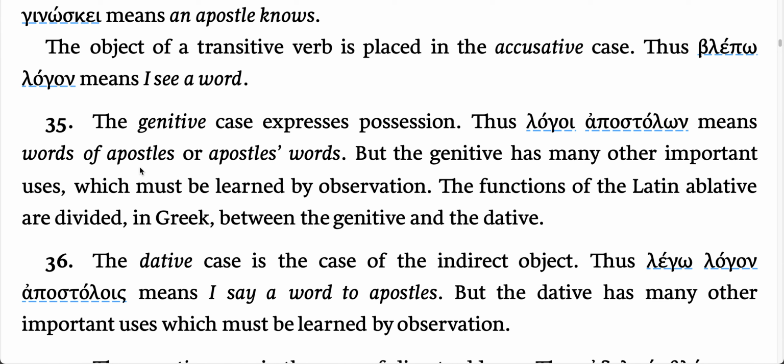And it's translated Son of God. That's how it does it in Greek. Now, the genitive can have many other important uses. And we'll learn those as we go. One of the uses of the genitive is possession. So you must learn these different uses by observation.